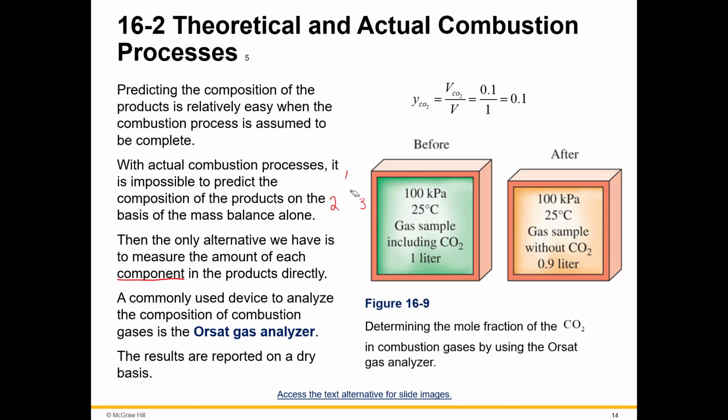So obviously it's a mixture. And here you're going to have multiple components in the mixture. So we need to be able to measure the components directly so that we can then start looking at what this actual combustion process is.